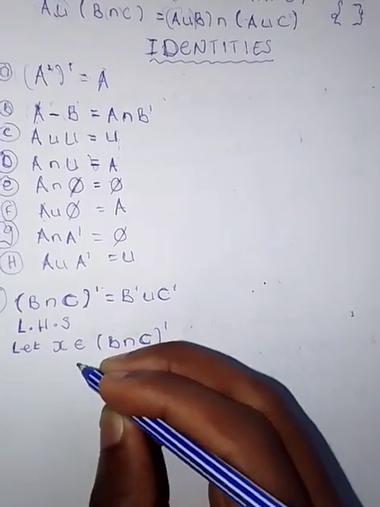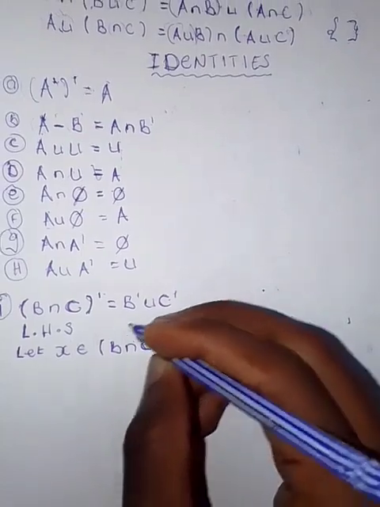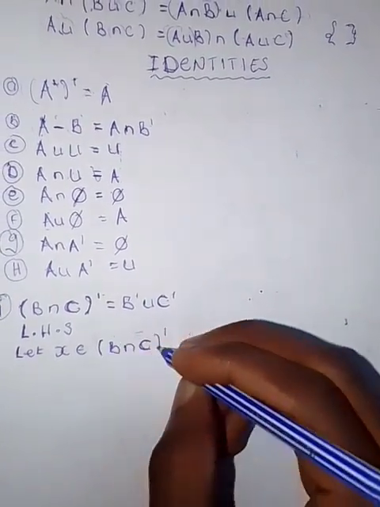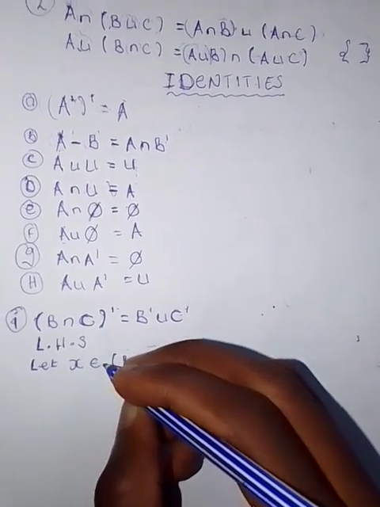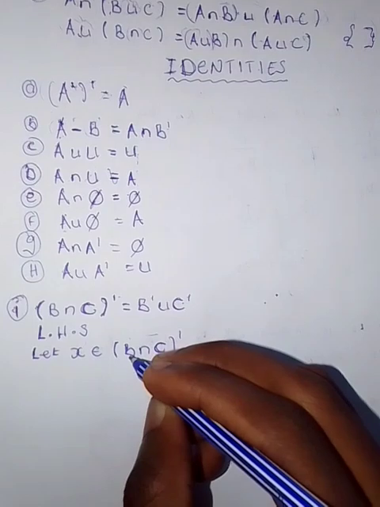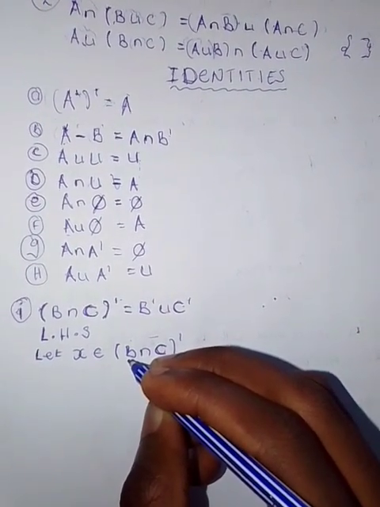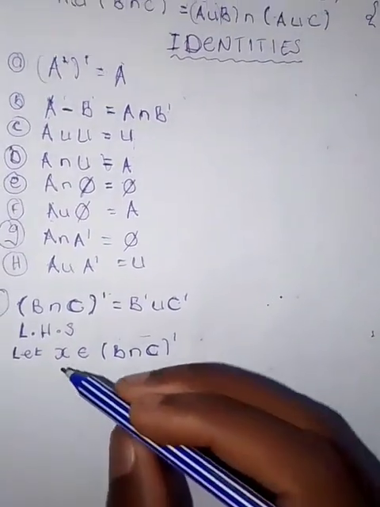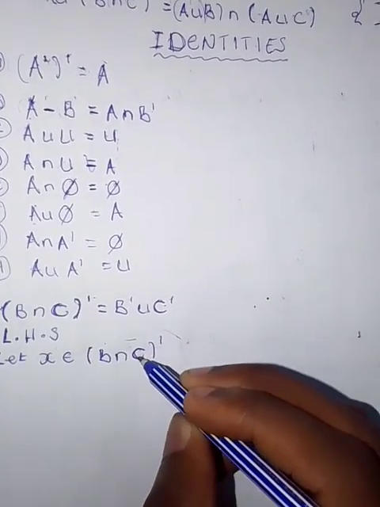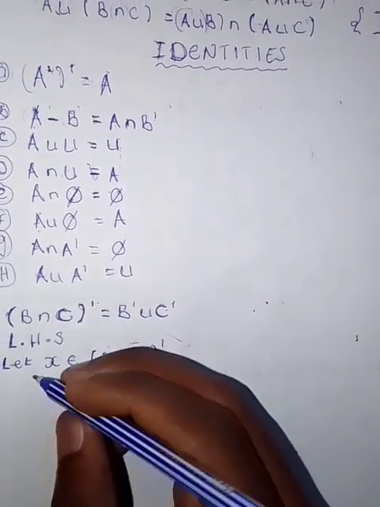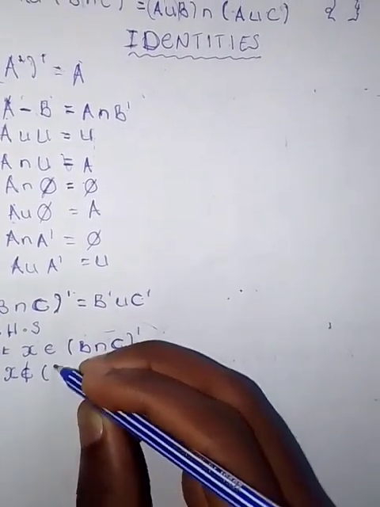So now, we're saying that x is a member of the complement of the intersection of B and C. Meaning that this x element is simply not a member of the intersection of B and C. So it can also be written as x is not a member of the intersection of B and C.